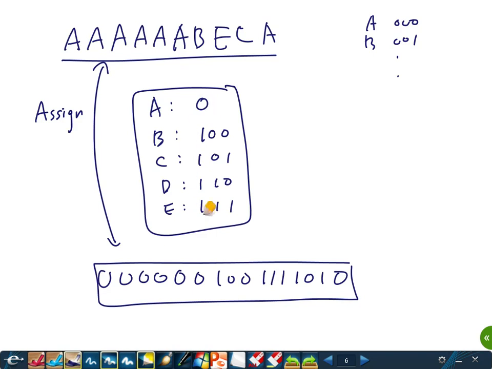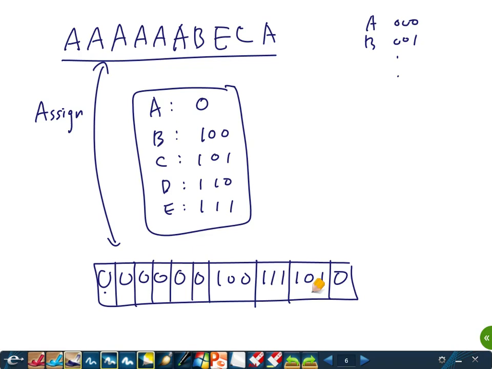Others start with 1, and they have the same length. So here it is 0, so it must be A. And here it begins with 1, so it's something else, not A. And we know these all have length 3, so we can cut this into 3 things like this. Then you know these are A, B, E, C, and A.